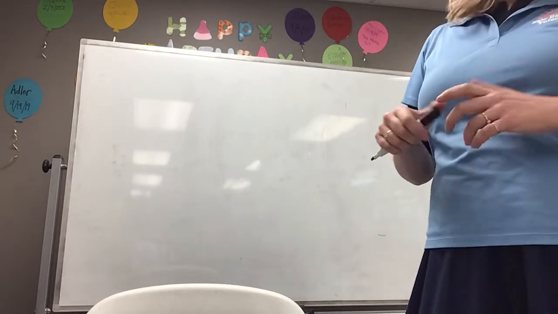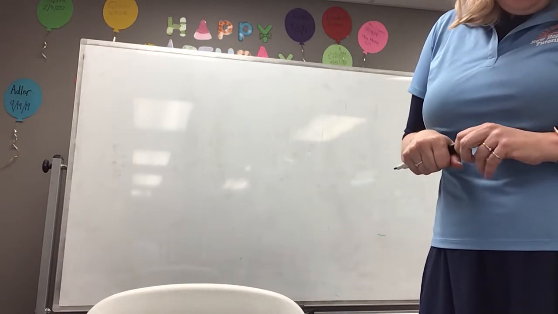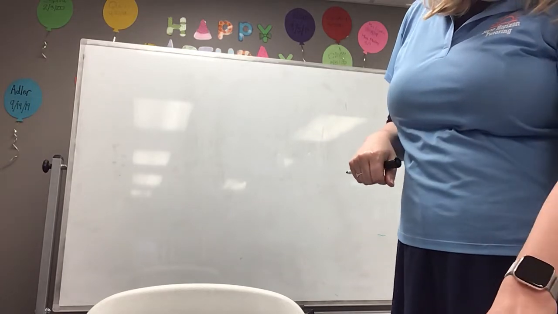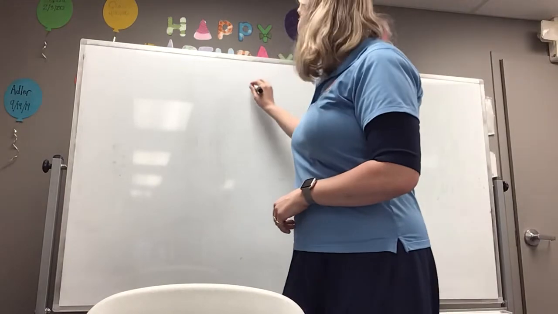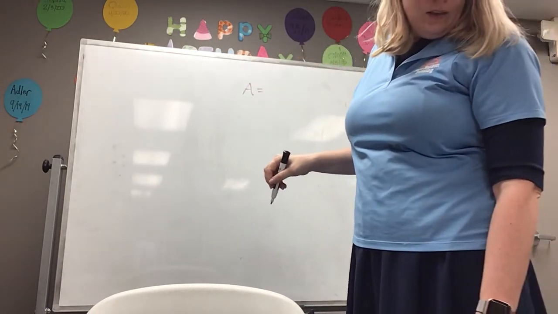For a math homework assignment, go figure, Carla found the area and perimeter of a room of her house. She reported that the rectangular area, I'm just going to call it A, equals 180 square feet.